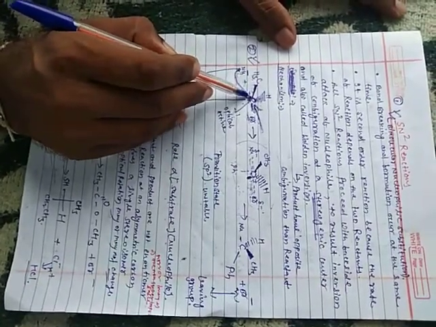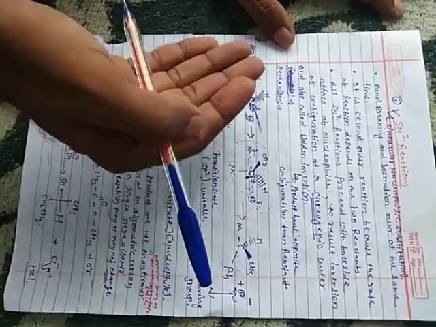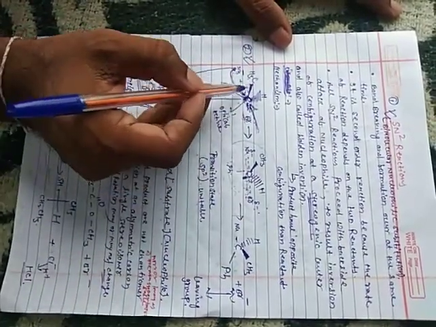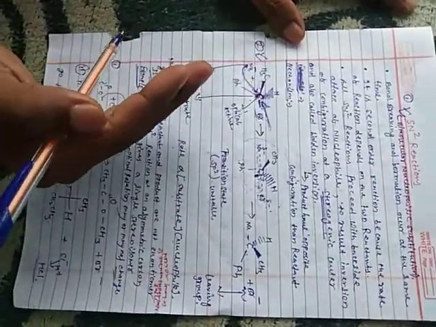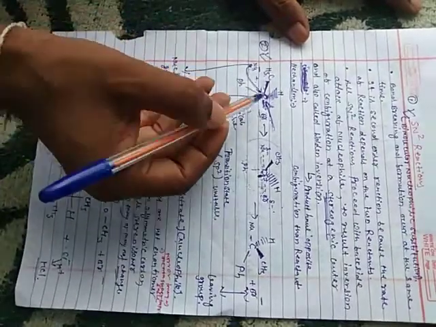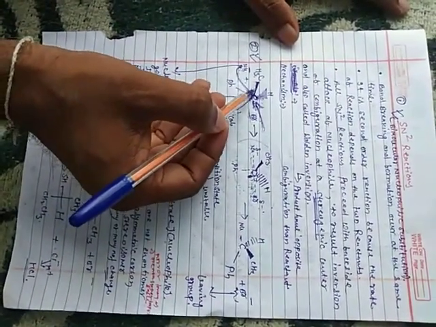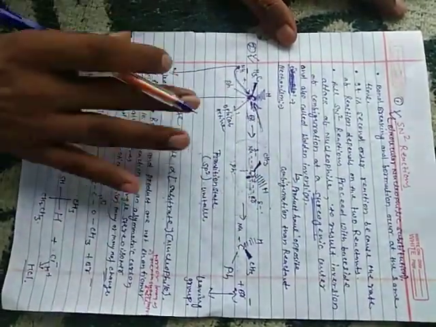It represents a bond above the plane of the paper, or towards the observer. Suppose you and I are the observer. In my view, this bond is towards me, or we can say this bond is towards you if you are considered the observer.